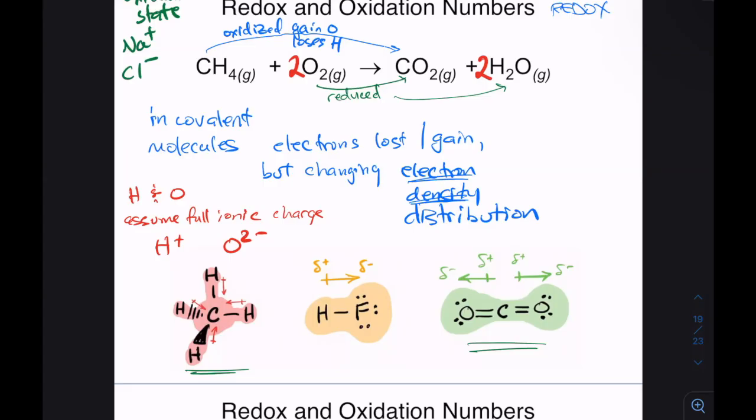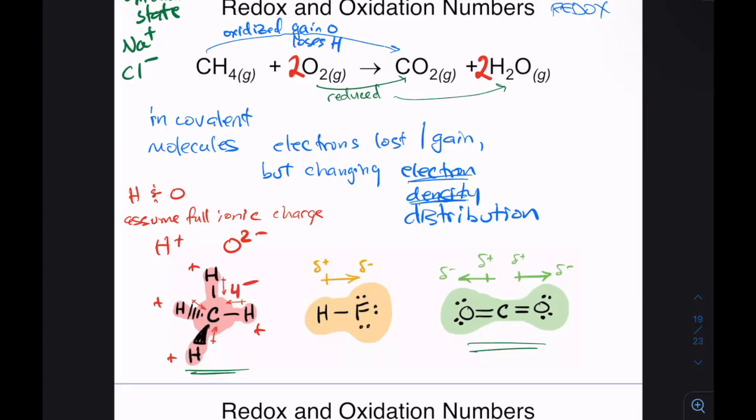So if all of these hydrogens have a 1+ charge, and methane is neutral, if you look at the molecular formula, it's neutral. So what must the charge be? If the carbon was an ion, what would the charge be? It would be 4-.